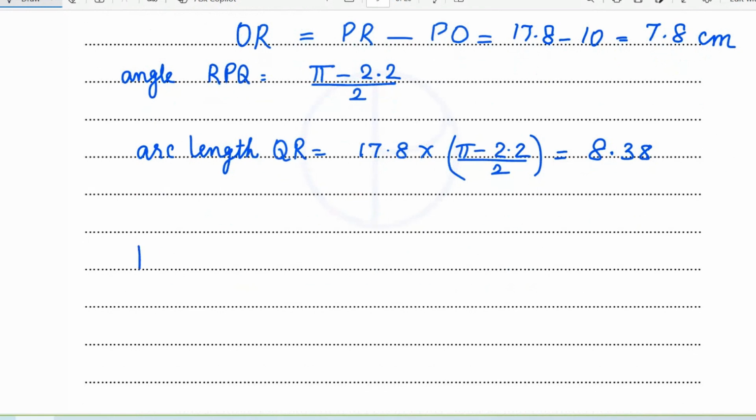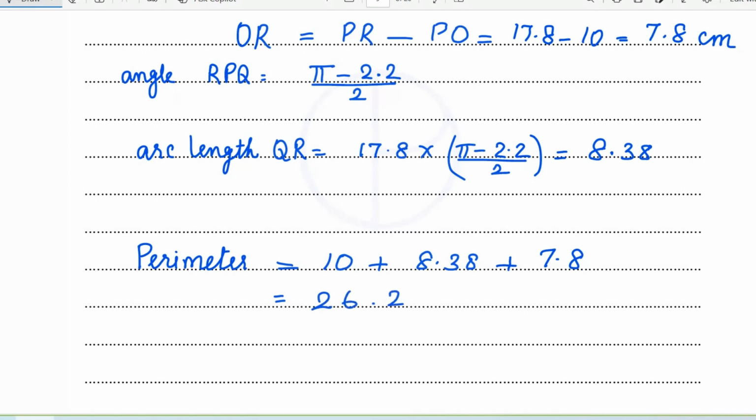So now let's calculate the perimeter. Perimeter is OQ. OQ is 10. Then the arc length QR, which is 8.38, plus OR, which is 7.8. So we get 26.2.